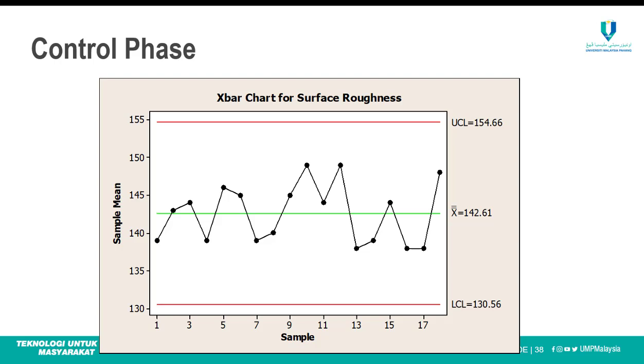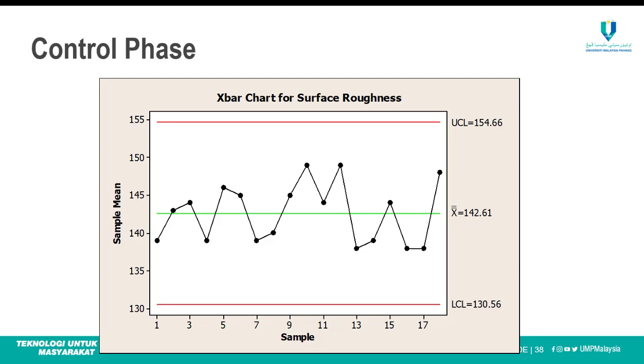We try to identify if there is any pattern or any non-random observation that we can get from the control chart here.